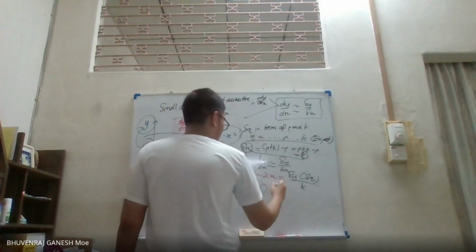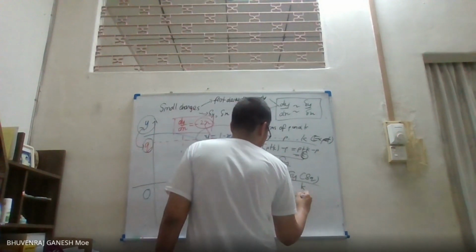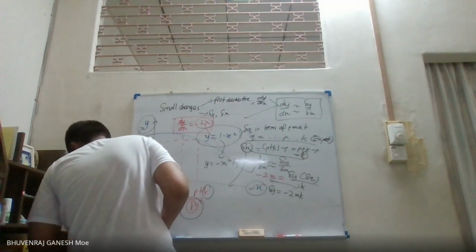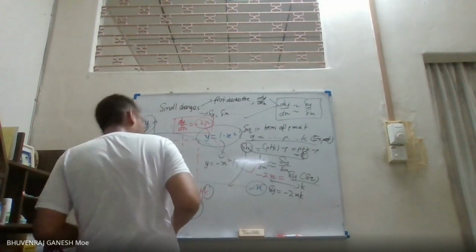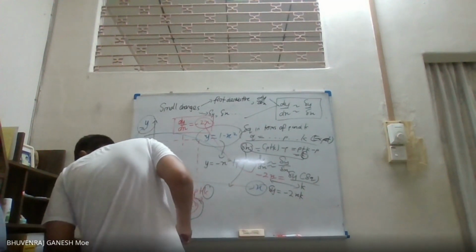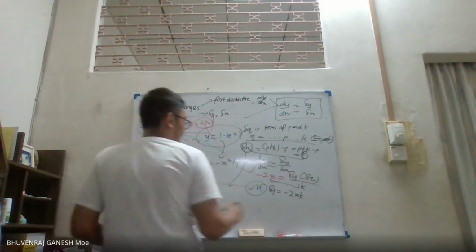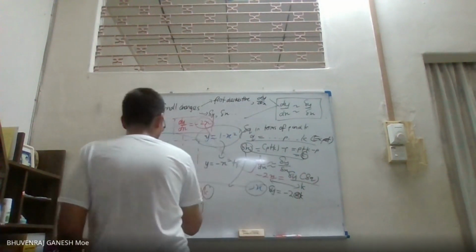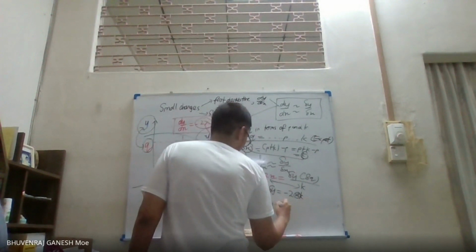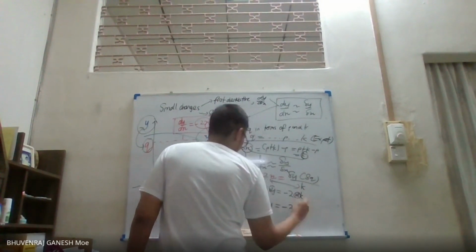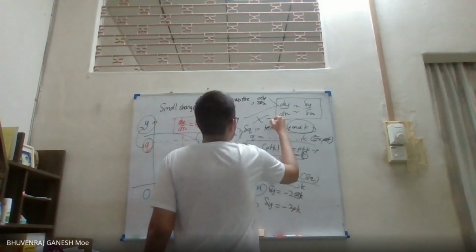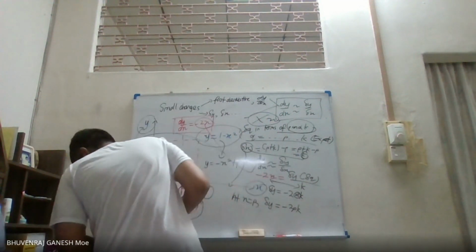So delta y will be negative 2x times k. Then finally we substitute the x value with p, because p is on the x-axis. So at x equals p, delta y will be negative 2pk. We don't want the x because they want it in terms of p and k only, so no x on the other side of the equation.